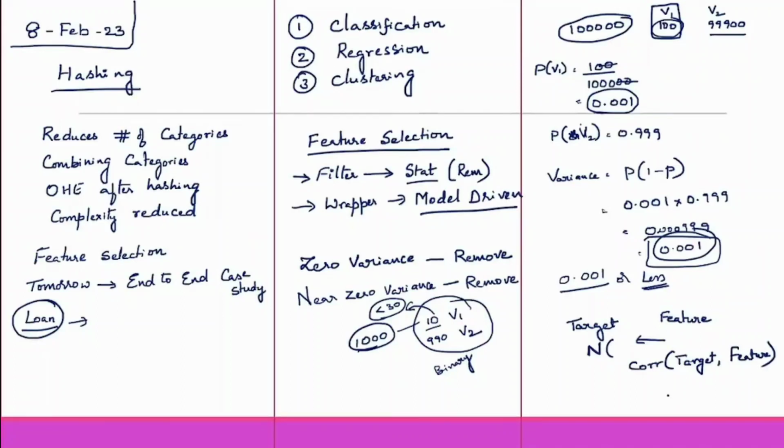And if the correlation is insignificant, you can directly drop it, because we are talking about an individual context. In a multivariate context, you can talk about multicollinearity and a lot of other dimensions. But in a simple univariate setting, only if that variable has some kind of relationship with the target, retain it. Otherwise, you can knock it out.